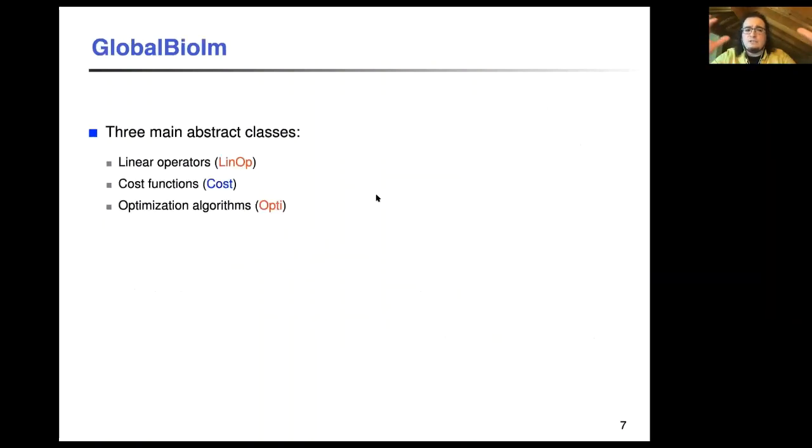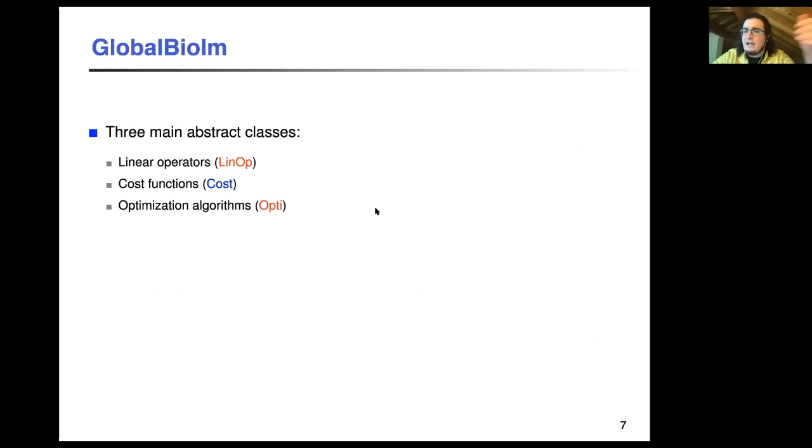And this library is built on top of 3 abstract classes. What abstract classes mean is basically that they are definitions of what a linear operator, a cost function, or an optimization algorithm should be as an entity, and what they should always have.